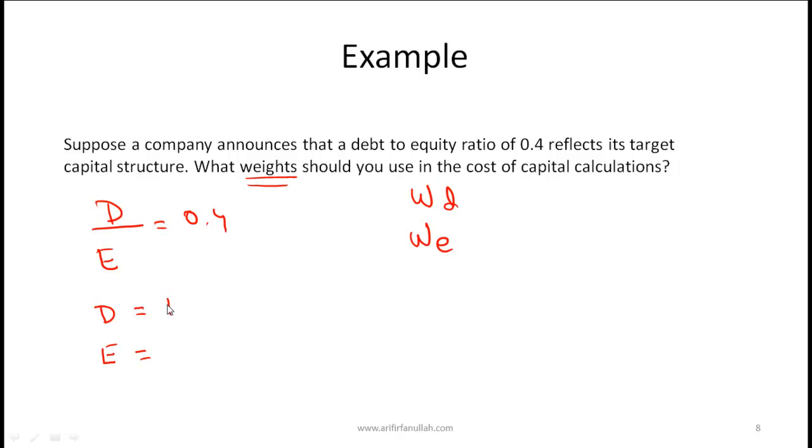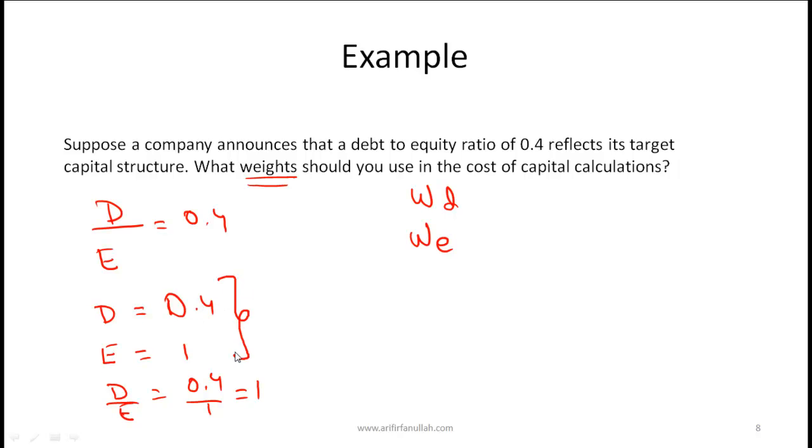Let's say debt is equal to 0.4 and equity is equal to 1. This is going to give debt over equity of 0.4 over 1, which is 0.4. So essentially this is saying that for $1 of equity we have $0.4 of debt.